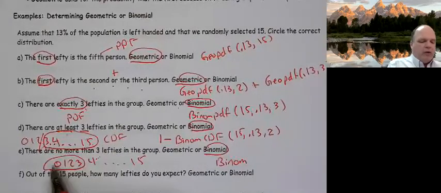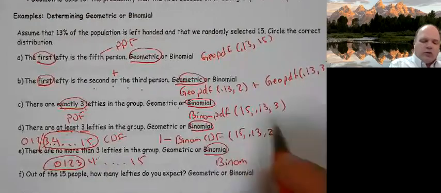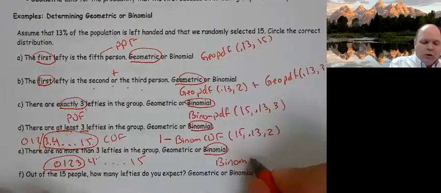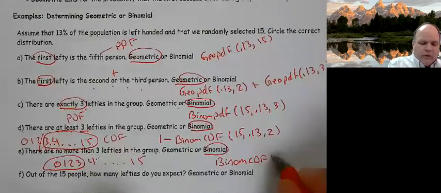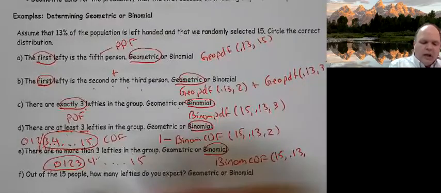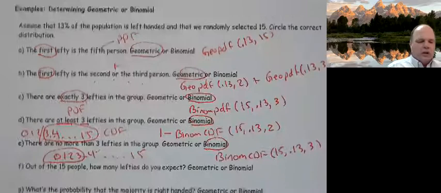Which means I could have 0, 1, 2, or 3. So this will be a binomial CDF, where our trials are 15, our probability is 0.13, and my highest value is the number 3.